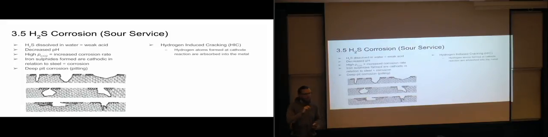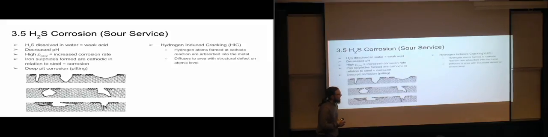Basically the hydrogen atoms, which are the smallest atoms that we have, just run and hide inside the crystal structure of the metal. So they disappear into it, and they're going to stay single atoms as they are diffusing through the material.